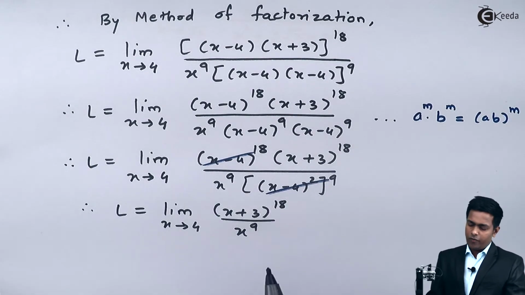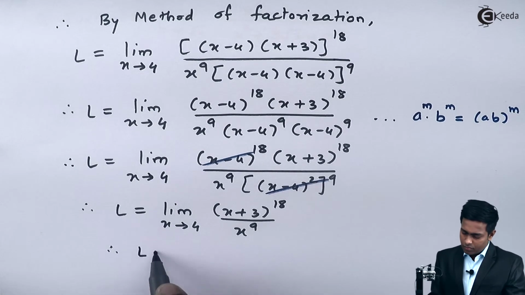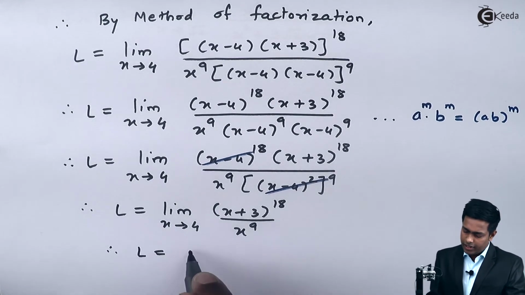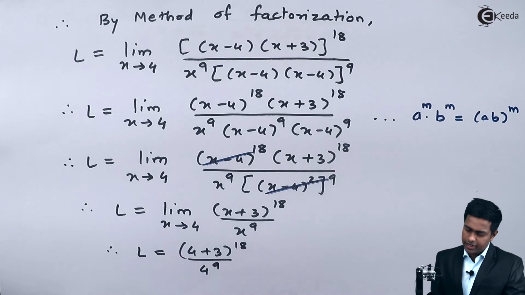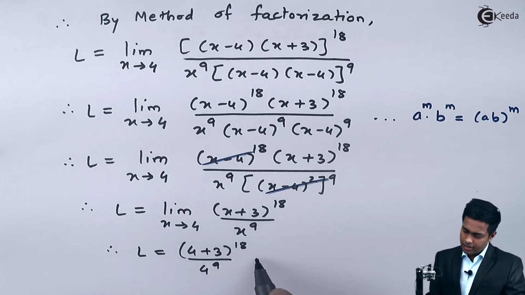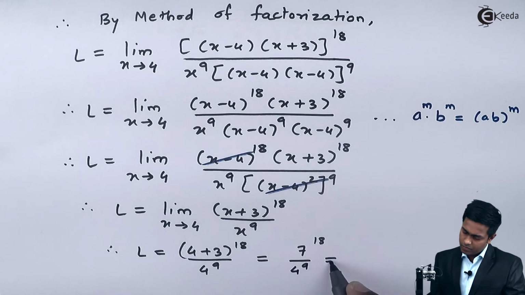Now, to find the answer, we will again use the direct method. By direct method here we will get (4 + 3)^18 upon 4^9. So 4 plus 3 is nothing but 7, so 7^18, and this is nothing but 4^9.